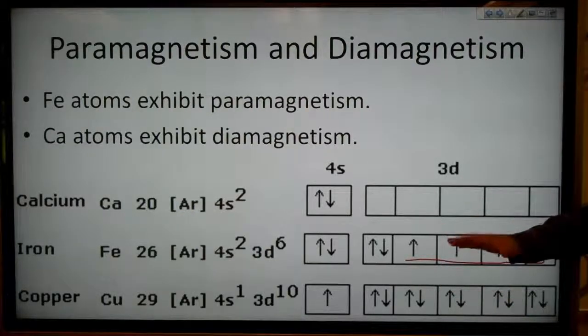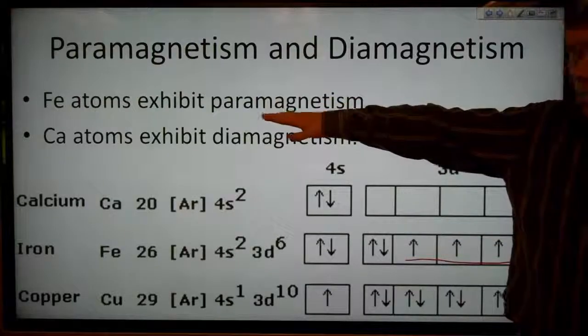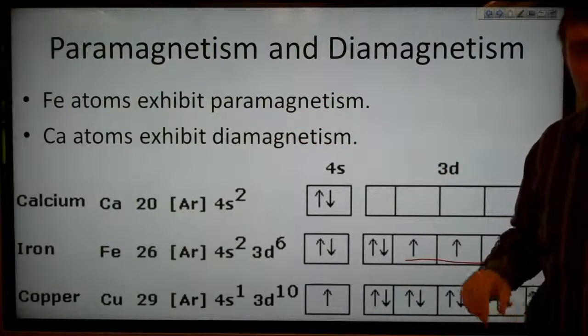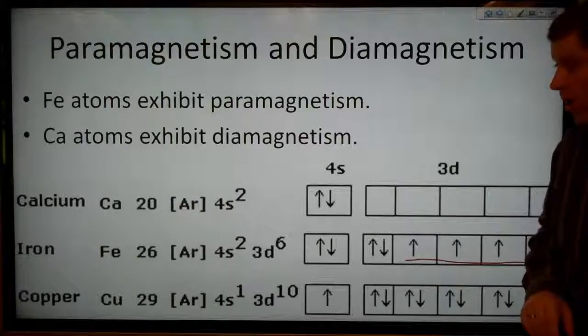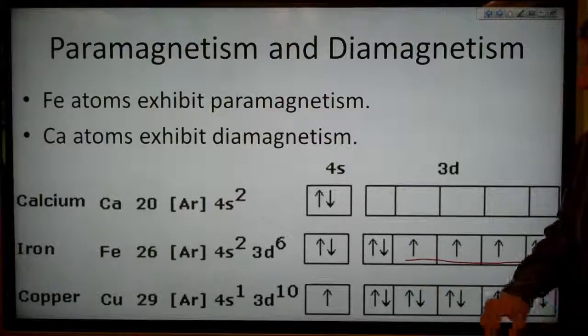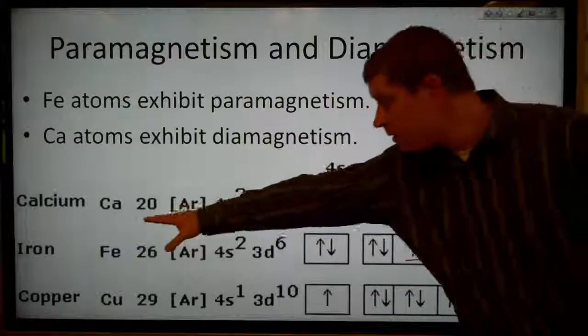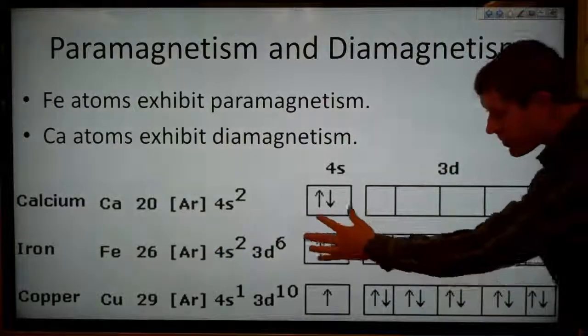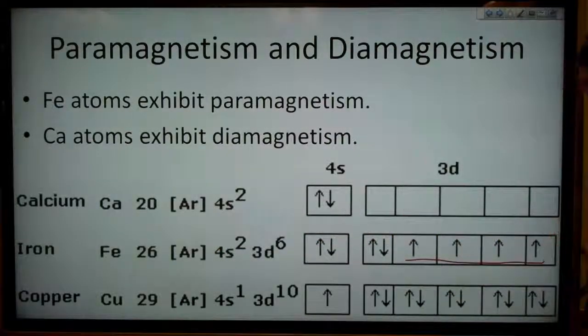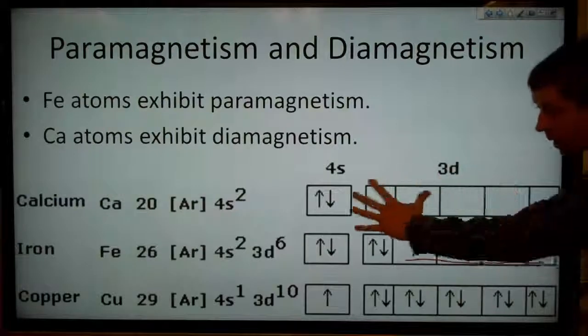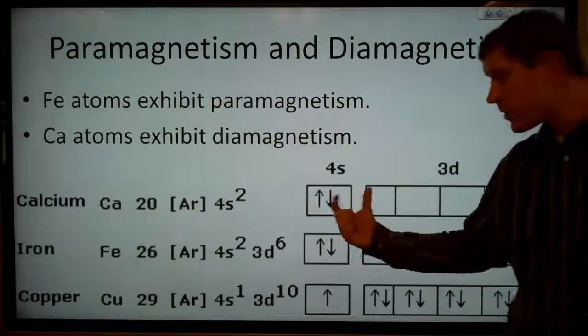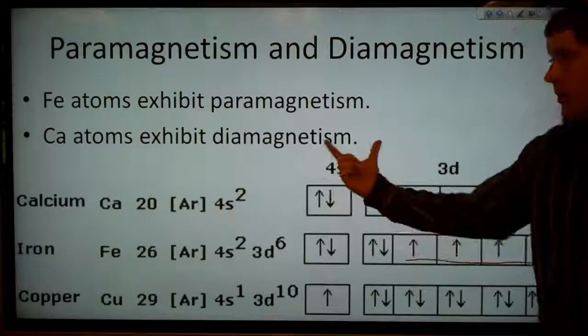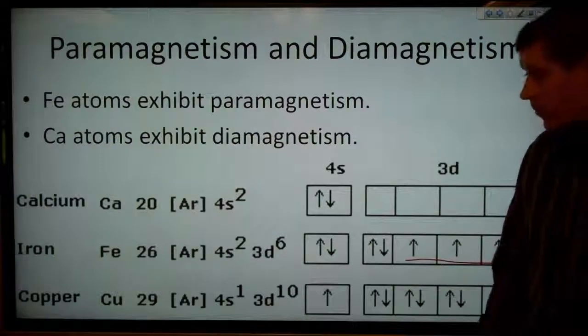So iron atoms should exhibit paramagnetism because unpaired electrons cause paramagnetism. Whereas something like calcium up here, which has an electron configuration of 4s2 with no electrons in the 3d, has no unpaired electrons because the only electrons that are there are paired. Calcium would exhibit diamagnetism.